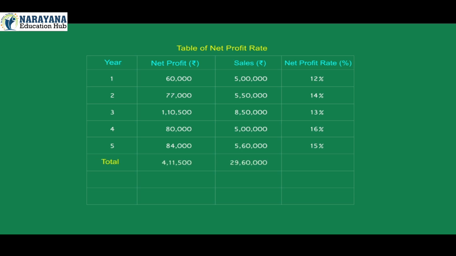Total 4 lakh 11,500, 29 lakh 60,000, divided by 5 years is equal to average 82,300, 5 lakh 92,000, 14%.